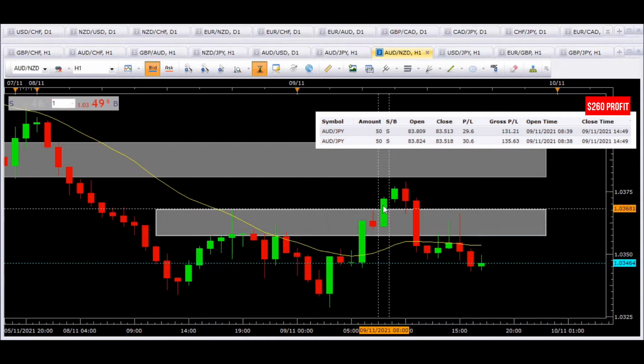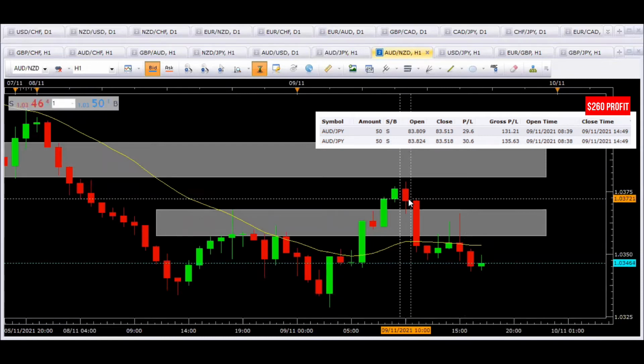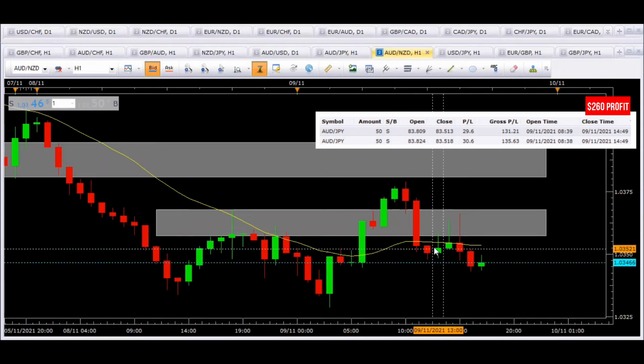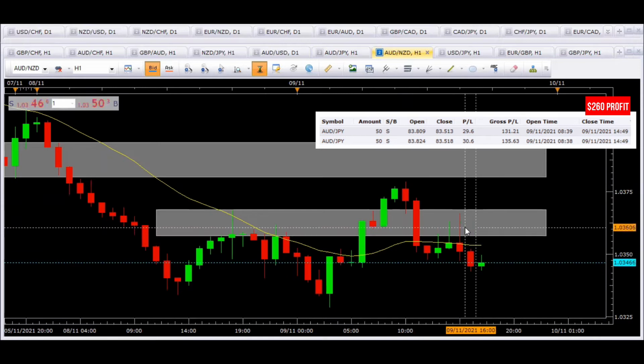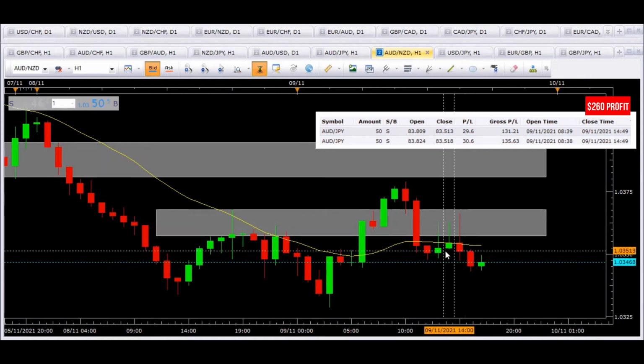Then price broke above this zone, so I stayed away from this trade, guys. But as you can see, price has come back down, and price again with this bearish candle here at 3 o'clock GMT is now quite interesting to me. I haven't entered the trade, but this has reacted at that level. But no trade, I didn't enter a trade on this pair.